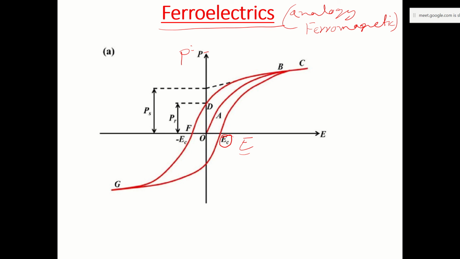In the electric field, the dipoles are getting aligned, and you have a high value of polarization, and it reaches a saturation value, the maximum value, when all the dipoles have aligned themselves in the material. So that is the saturation point.